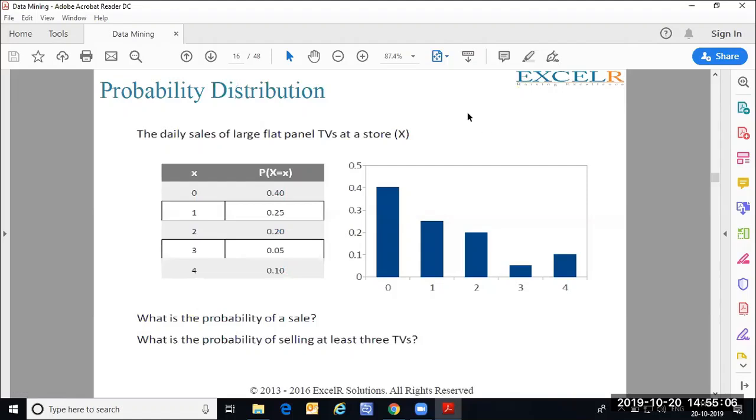Now, let's look at the probability distribution. Can you please go through this problem statement?